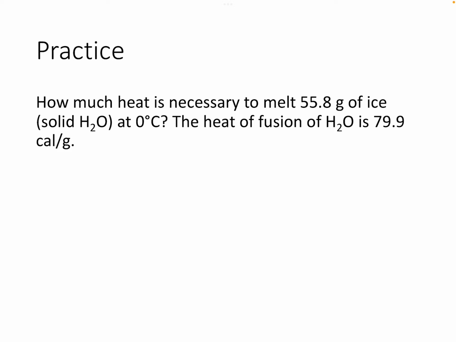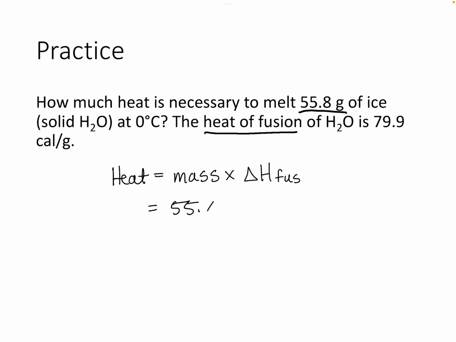Okay, so since we're given the heat of fusion for this problem, we're going to use the equation where heat is equal to mass times delta H of fusion, or heat of fusion. So we're given the mass, so let's plug that in. And we're given the heat of fusion, so we'll plug that in as well.